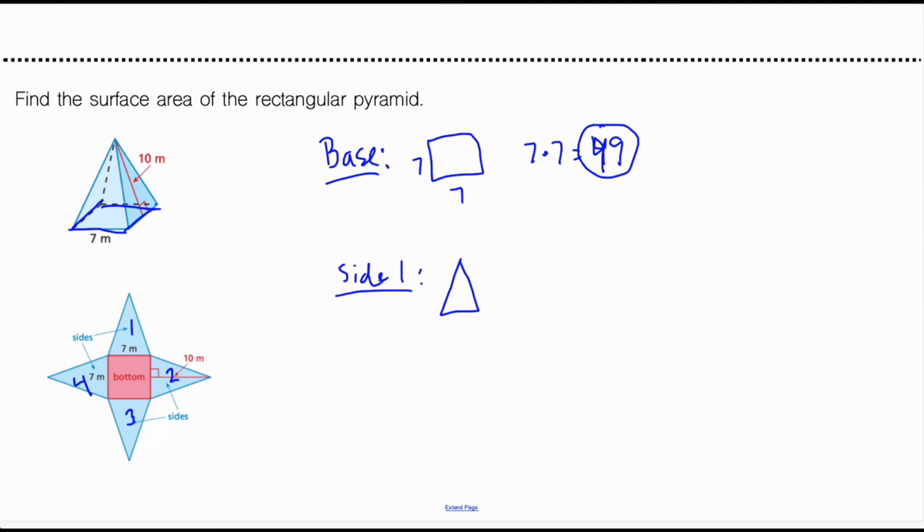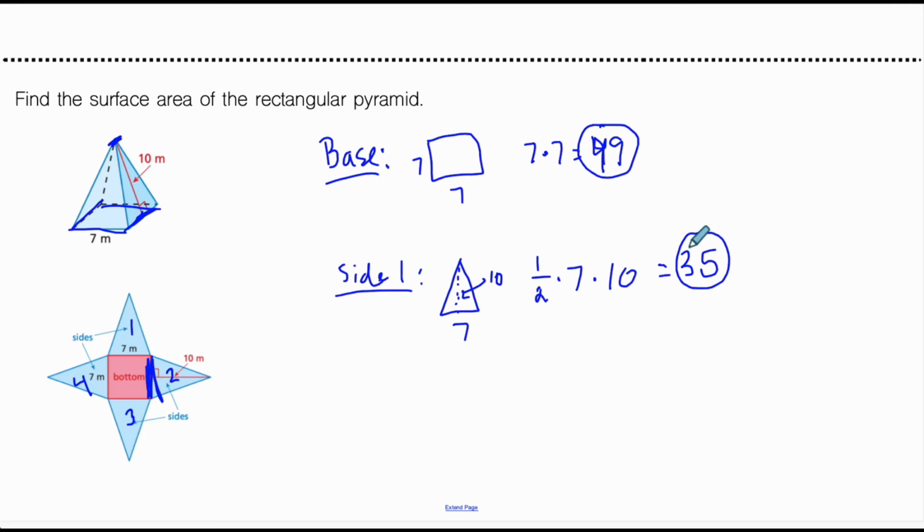Side 1 is this triangle right here, and the height is 10, from the bottom to the tippy top, straight line. And the base sides are all the same, right? They're all 7. So the area of this triangle is half times base times height, which is 35.